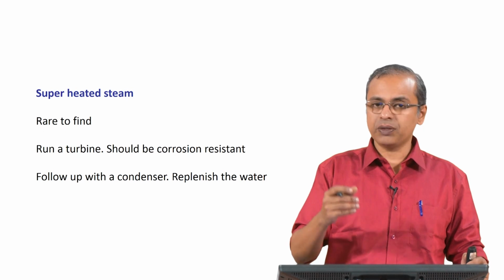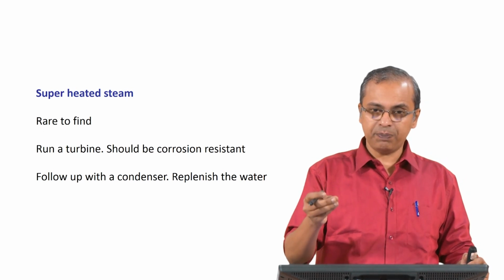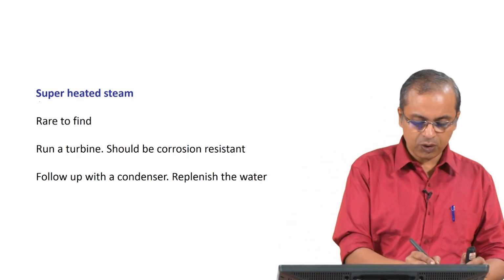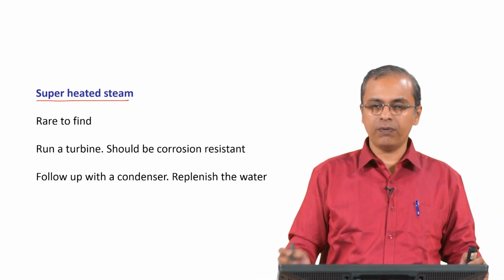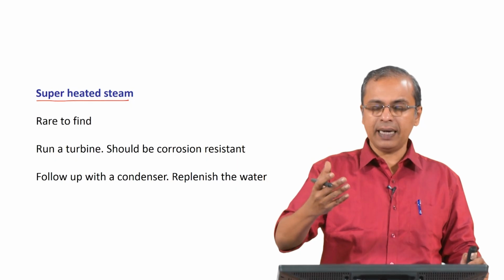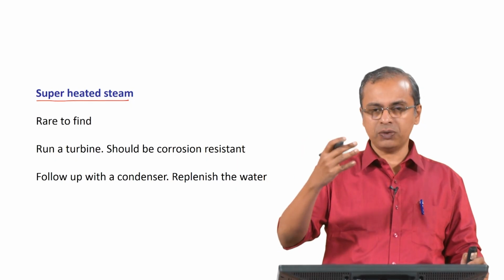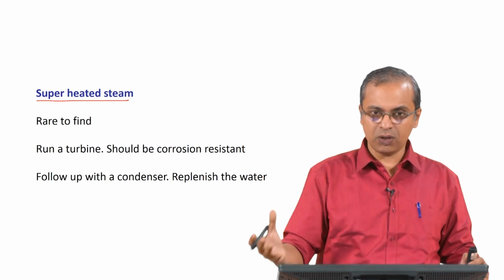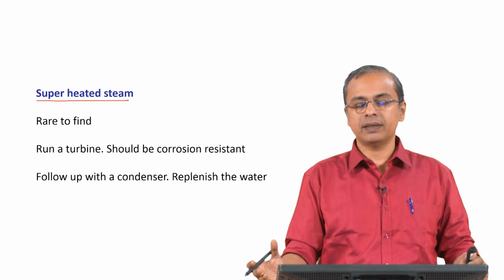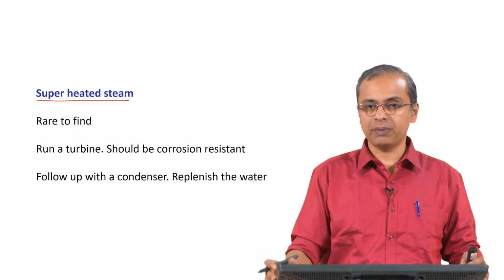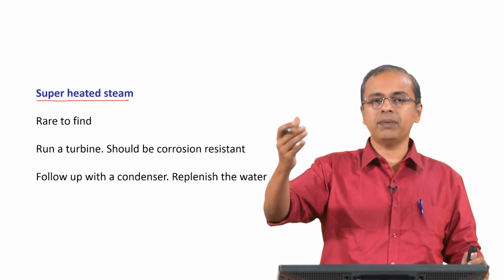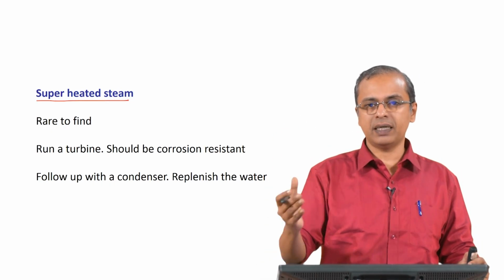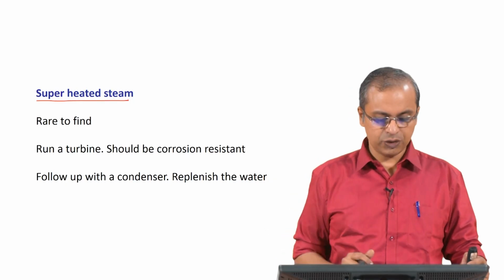If the temperature is pretty high, then you may end up getting what is called superheated steam. Water boils off and then you get steam, and at the point where it just about boils off and you just about create steam, that is called saturated steam. That can condense relatively easily because you are just past the boiling point. If the steam is heated distinctly above the boiling point, then it is called superheated steam.